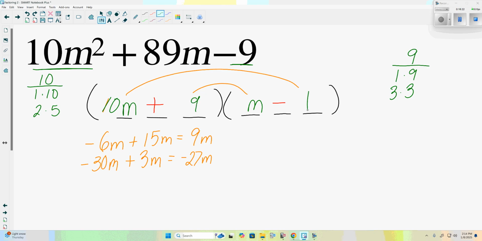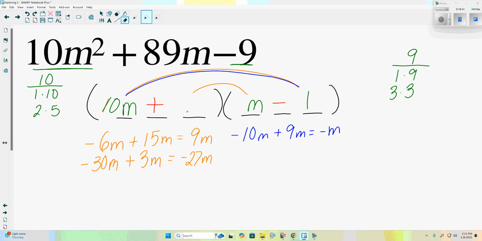9, 1. We'll try it again. 10m times negative 1 is negative 10m. 9 times m is going to be plus 9m, giving us negative m. Okay. So we can switch the 1 and 9. 1, 9.